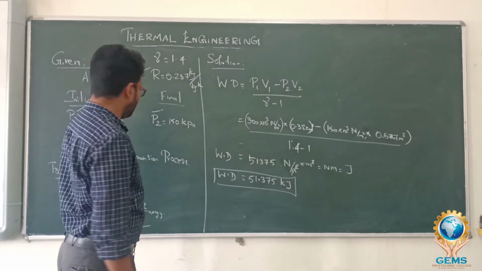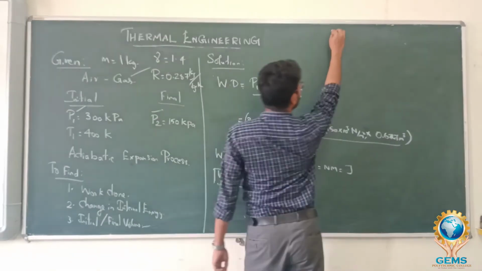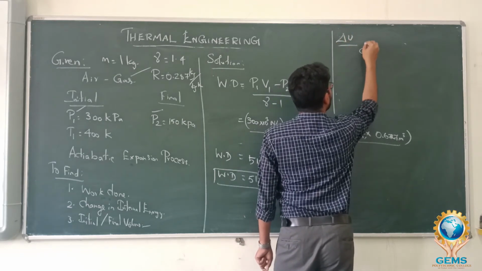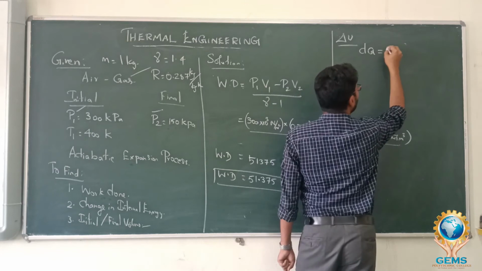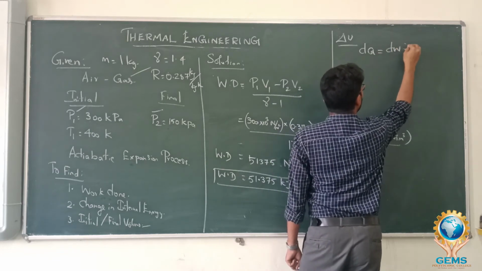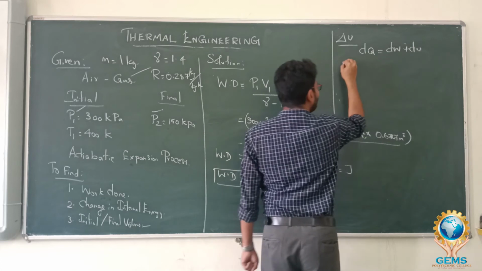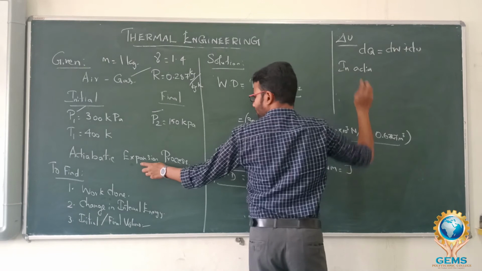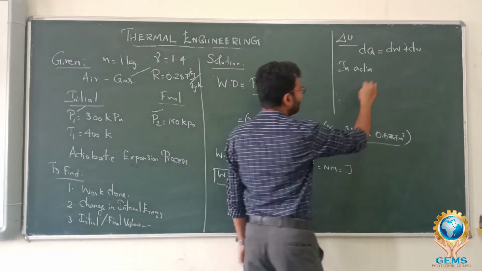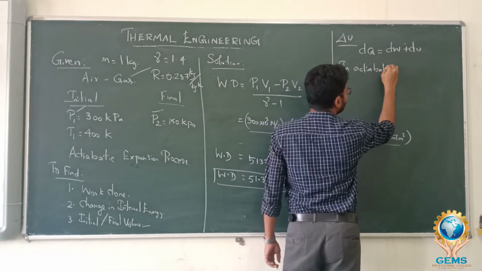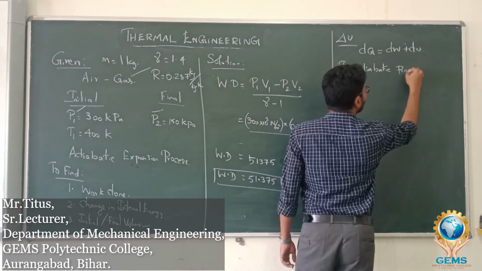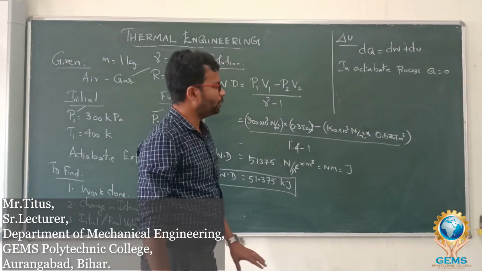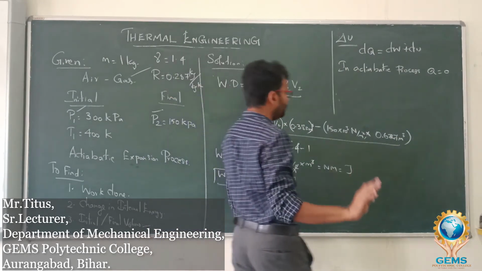And next, what about the change in internal energy? That is delta U. According to the first law of thermodynamics, dQ equals dW plus delta U. Since we are going through an adiabatic process, the heat transfer is 0, because there is no heat transfer between the system and the surroundings.